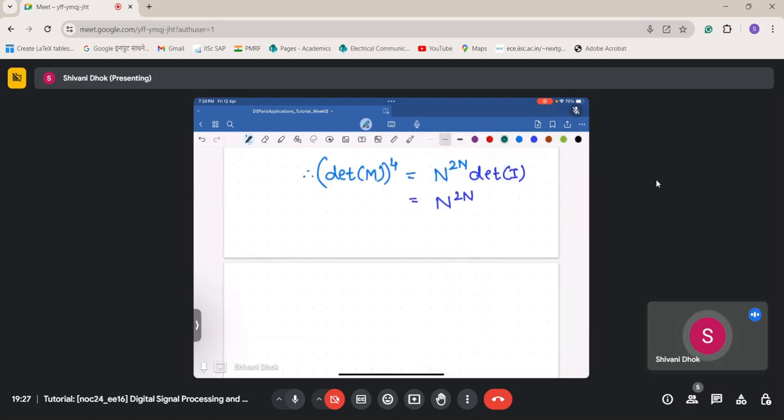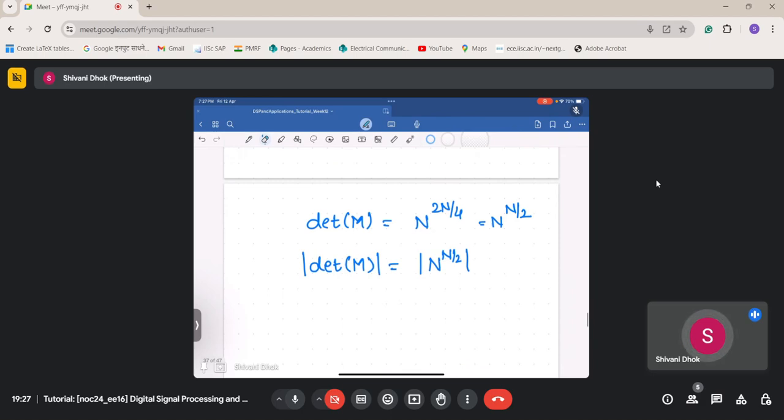Now if I take absolute values on both sides, determinant of m will be equal to n to the power 2n by 4, which is n to the power n by 2. So therefore absolute value of determinant of m is equal to absolute value of n to the power n by 2, which is equal to, so here in our question n was equal to 4, so 4 to the power 4 by 2, which is equal to absolute value of 4 to the power 2, which is equal to 16.